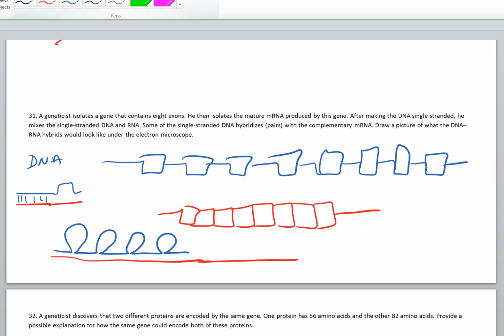And it's the DNA part that loops out because it's the DNA part that has the extra sequences in it. And this is how they originally discovered introns and exons. So it would look kind of like that. Obviously it wouldn't be all lined up and look perfectly like that on the electron microscope, but that's what they're getting at.